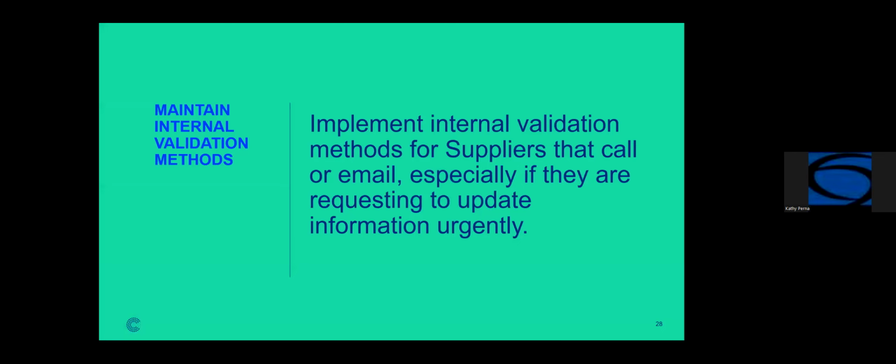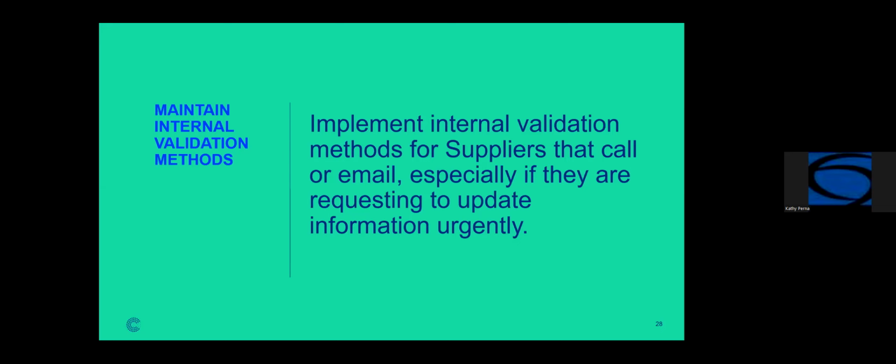Another item here is to maintain internal validation methods. What this is, is implementing internal validation methods for suppliers that call or email, especially if they are requesting to update information urgently. This is a really big one, where if you have a supplier that calls in or emails, you want to be able to verify that that supplier works for the company that they're saying they're working for. This is what we were talking about earlier, where a supplier might send an email saying, my bank account's updated, can you update my bank account?